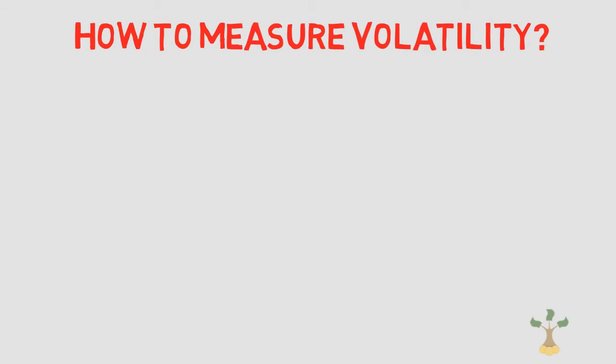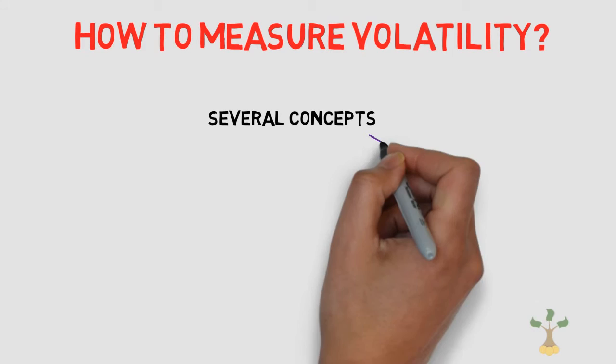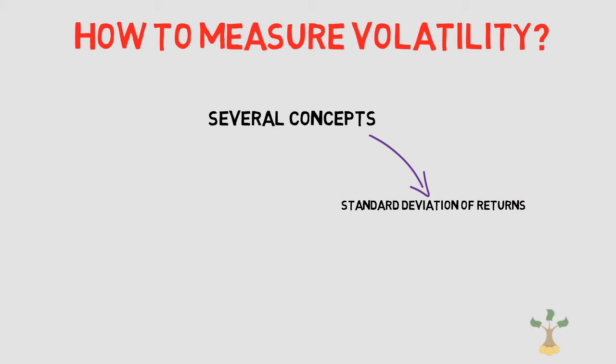Now we turn to the question, how to measure volatility. There are many ways to measure price swings. One method is to calculate the standard deviation of asset returns with respect to closing prices. Calculating the standard deviation will bring you somewhat closer to the mathematical meaning of the volatility. But you could also calculate the so-called average true range, which is a well-known technical indicator and is basically the end-day average of the true range of prices.